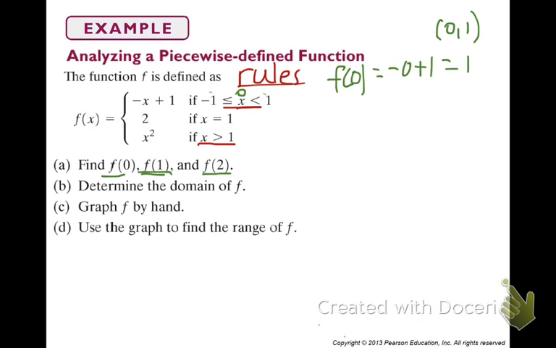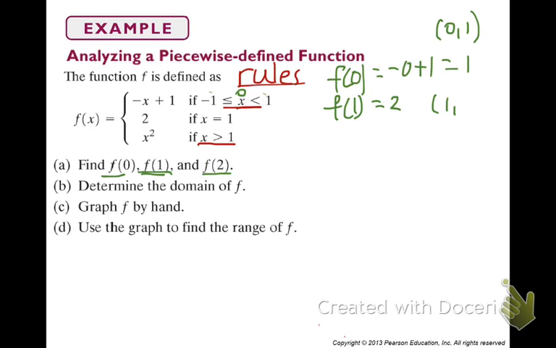Now let's do the f of 1. Which rule are you going to have to follow for that one? The 2. So if x is 1, what's your output? You don't have a choice. What's the rule? The 2, yeah, it's just the 2. So there's your point, right?